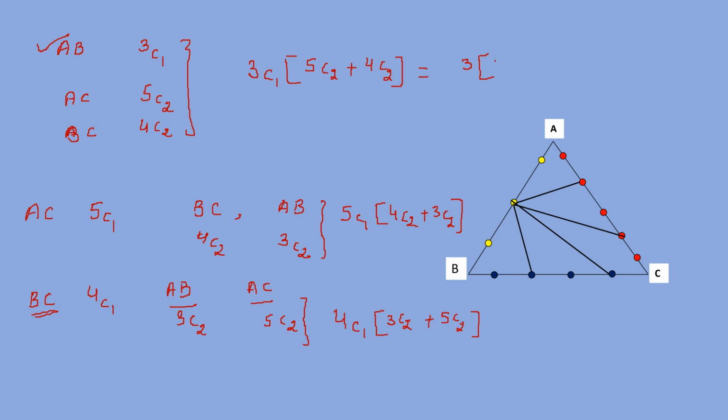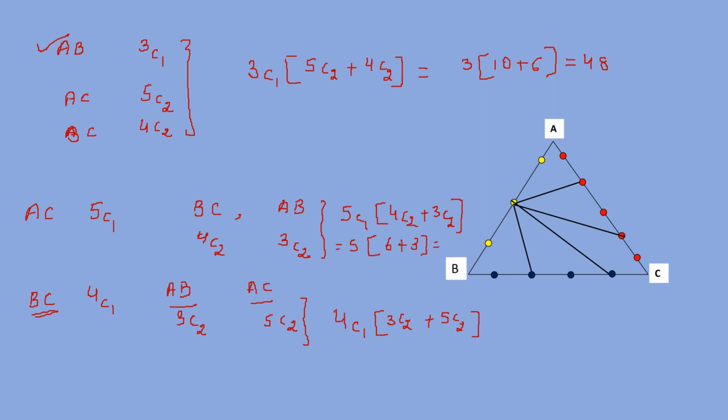Now if you simplify this expression, 3C1 means 3, and 5C2 is 10, plus 4C2, that is 6. So you have 48 triangles in this way. Similarly, what you can get here? 5C1 means 5, 4C2 is 6, and 3C2 is 3.